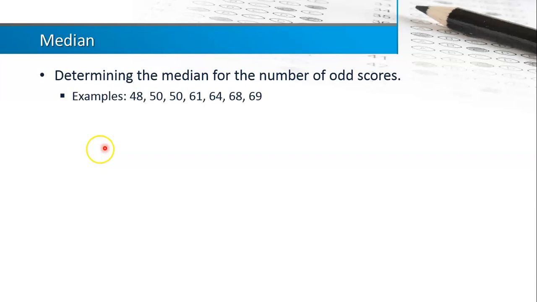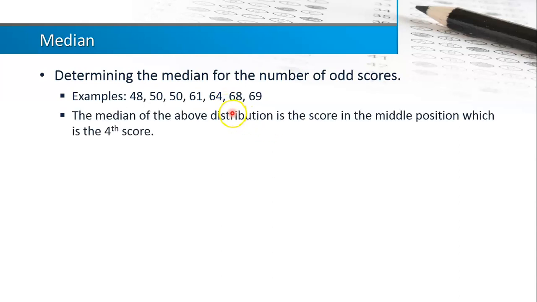For example, if you want to determine a median for an odd number of scores, here you have an odd number of scores, already arranged in ascending order. The median of the above distribution is the score in the middle, which is the fourth score.